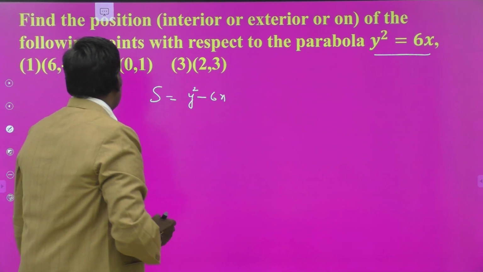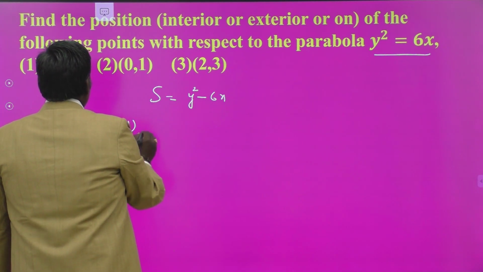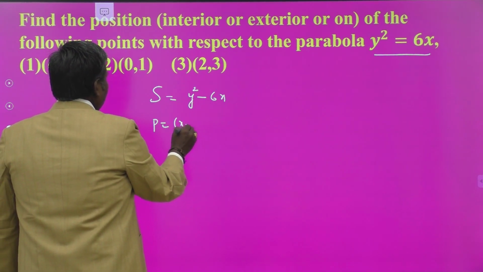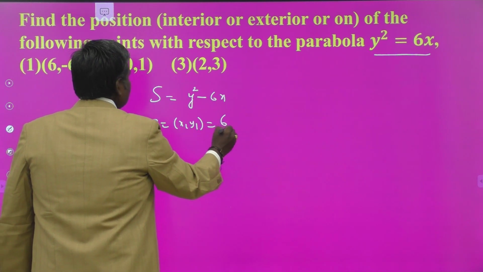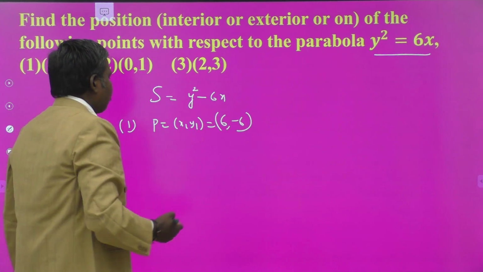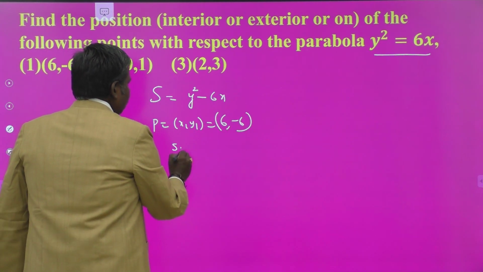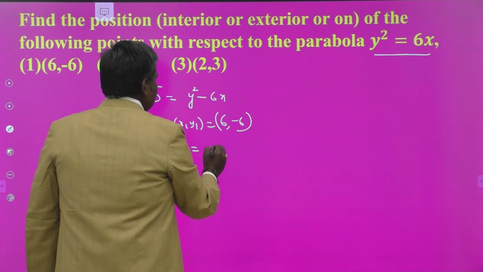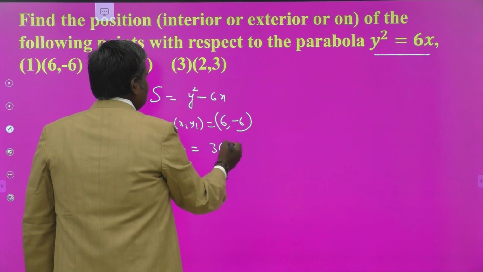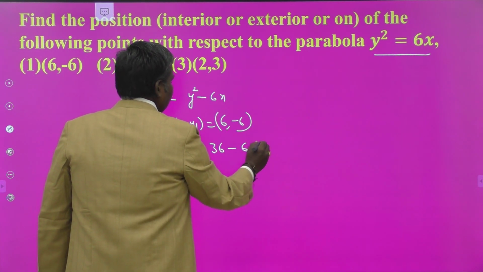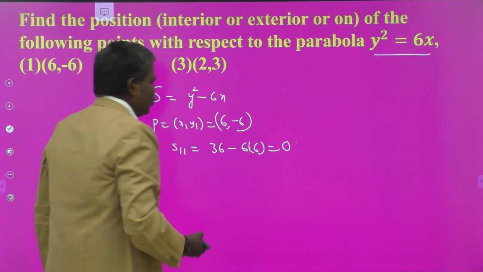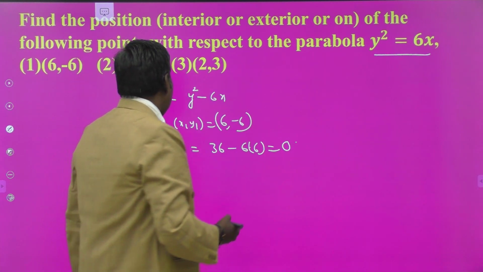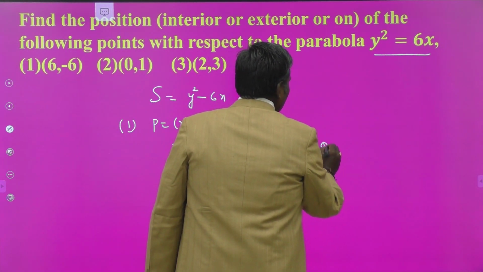For the first problem, what is your point P, x1 comma y1? That is 6 comma minus 6. Now write S11. S11 is just substituting the point in this curve: y square is 36, minus 6 into 6, this is also 36, that is 0. S11 is 0 means P is on the parabola.